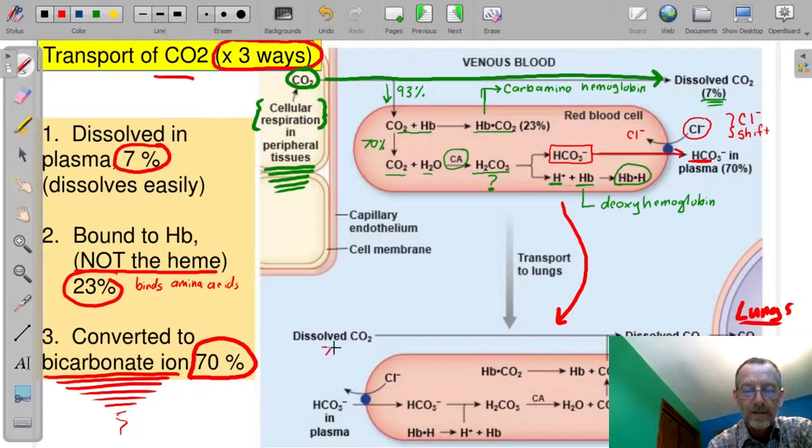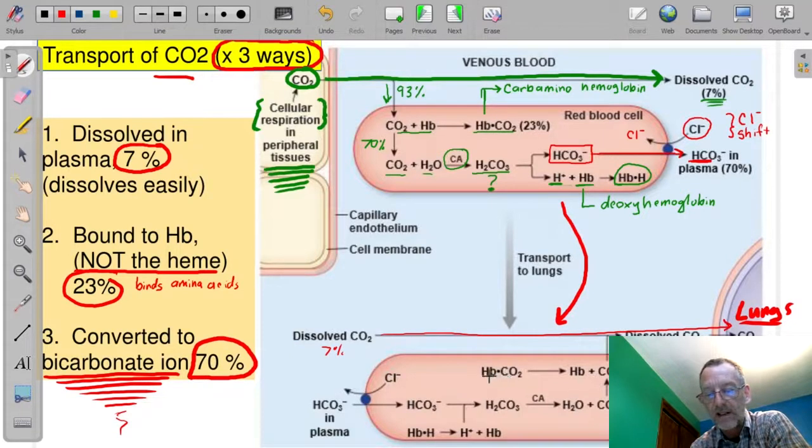Well, the 7% that was dissolved just goes straight out into the lungs. And the carbon dioxide that was on the hemoglobin, or carbaminohemoglobin, separates. That carbon dioxide then leaves. And we're left with the hemoglobin, which will pick up oxygen because we're back at the lungs. So it transports both carbon dioxide and oxygen, different spots on the molecule though.